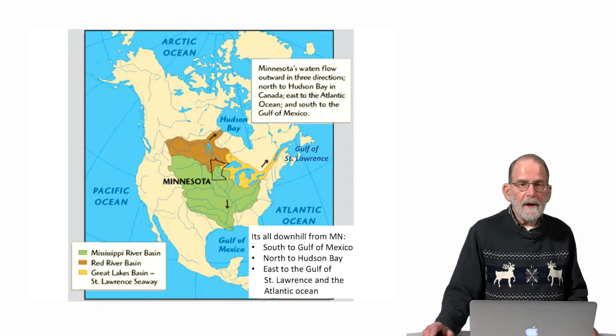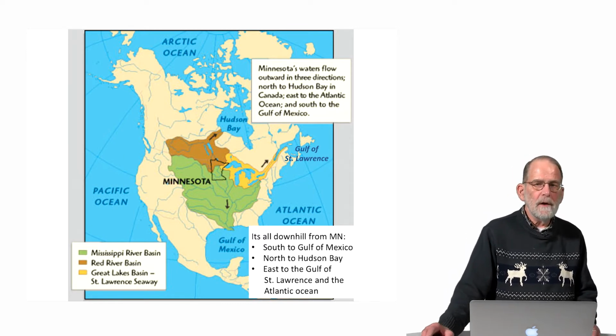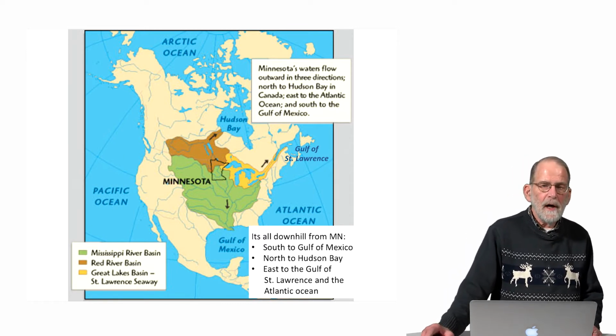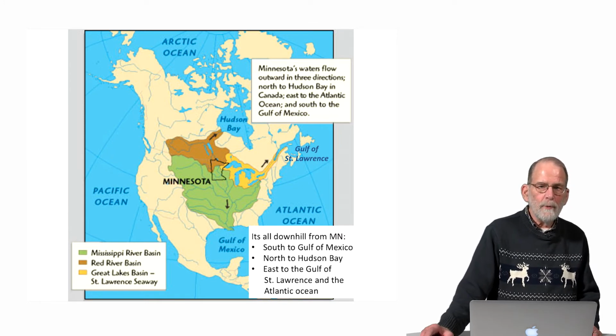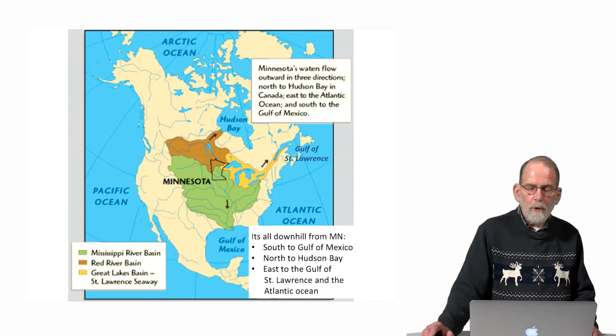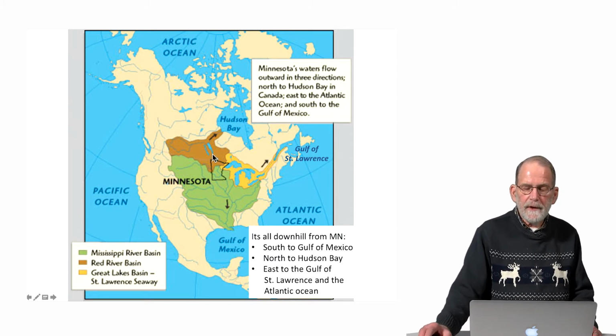In Minnesota, we have somewhat of a unique condition because we have continental watersheds that flow in three separate directions within the state of Minnesota. We're at the nexus of the Hudson Bay watershed, which is water that's flowing to the north and eventually into Hudson's Bay in Canada.